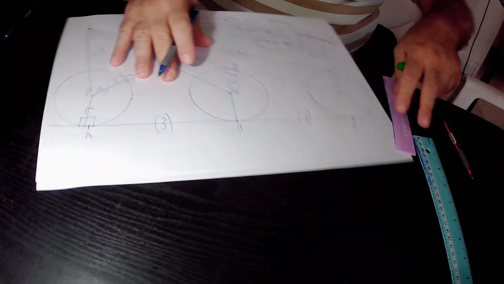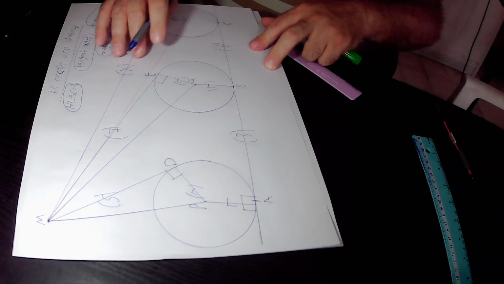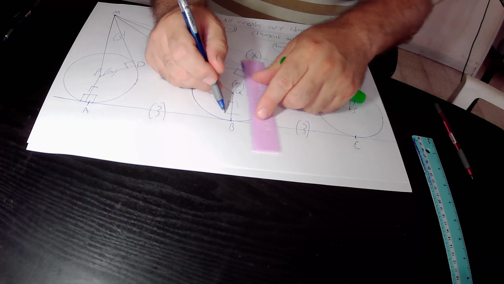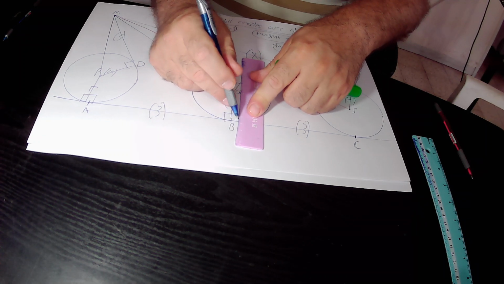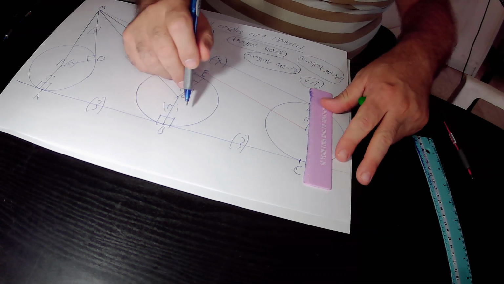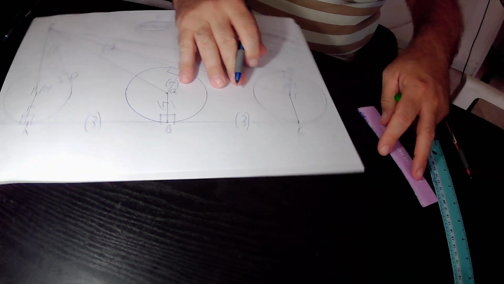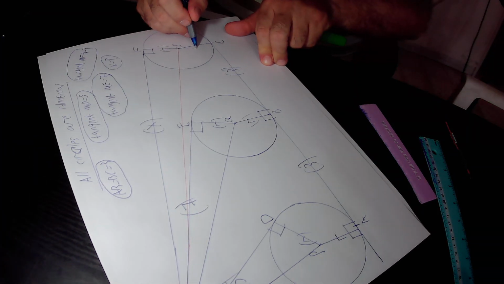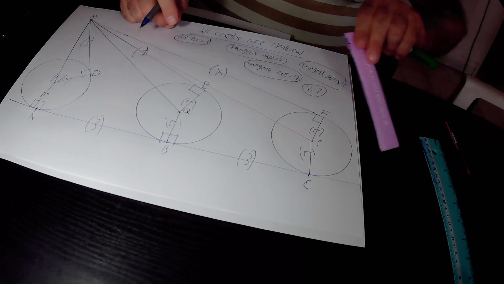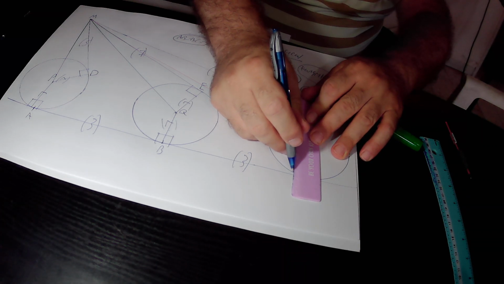QB is the radius of this circle, equal to R, and according to rule 1, this angle equals 90 degrees, and this angle also equals 90 degrees. And finally, we join points S and C together by a straight line. SC is also the radius of this circle that is equal to R. And according to rule 1, this angle equals 90 degrees, and this angle also equals 90 degrees.